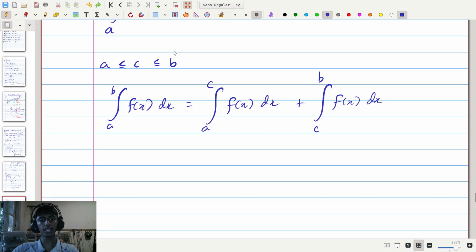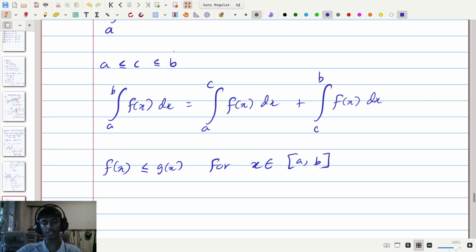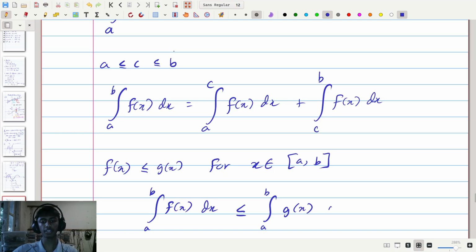The next thing is going to be the fact that if f of x is less than or equal to g of x for x being an element of the set going up from a up to b, as in for every value of x in between a and b, f of x is less than or equal to g of x, it means that the integral from a to b of f of x dx is also going to be less than or equal to the integral from a to b of g of x dx.